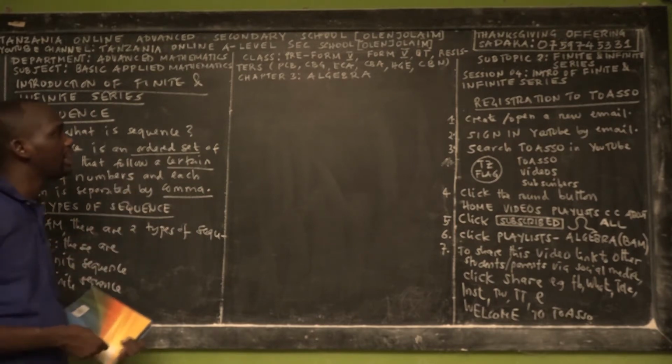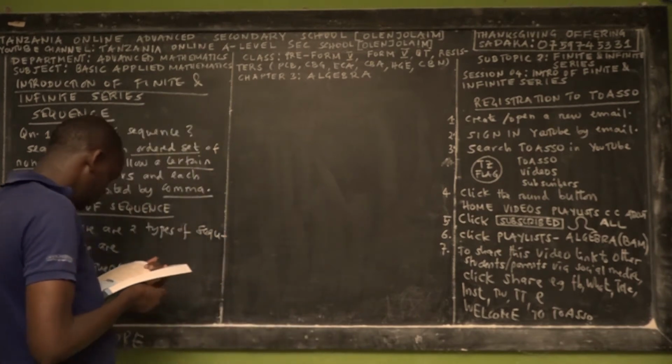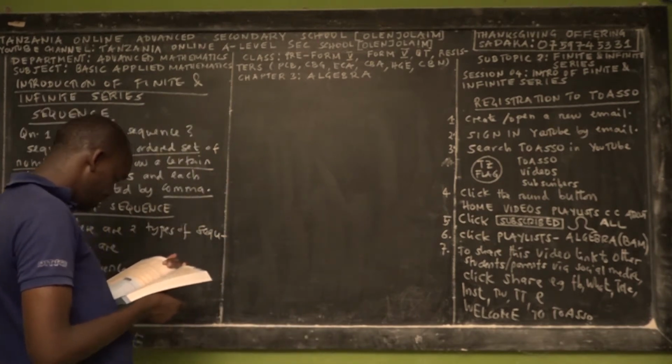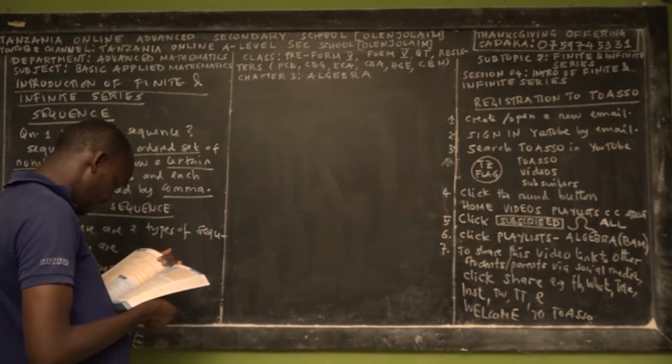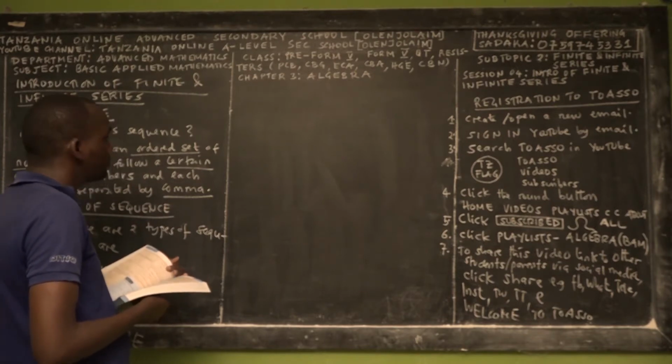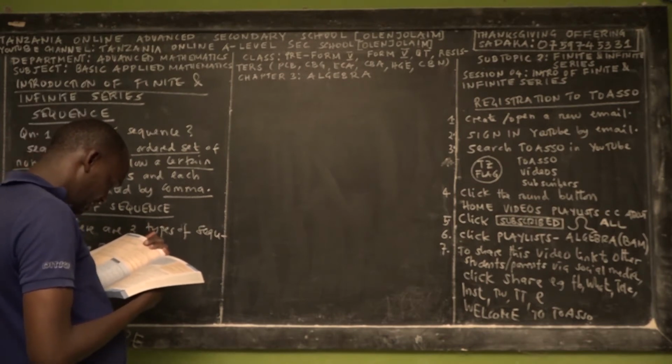These contents are for pre-form 5 who are expecting to study either of those six combinations. You have to start subsidiary mathematics as basic applied mathematics. So, finite series, or finite sequence.